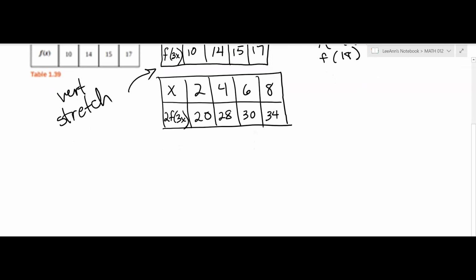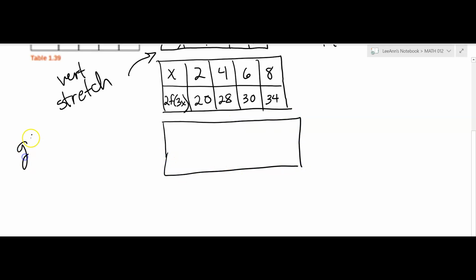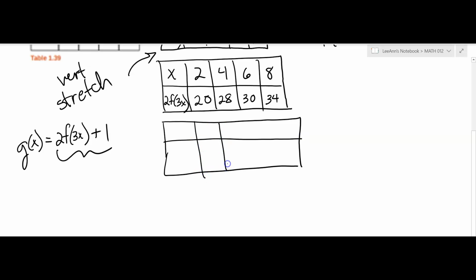Need a new table. So don't go back to the other 2 tables, because now we've got this new one that we're using. And so this is going to represent g of x being represented by 2 times f of 3x plus 1. So now we're going to do this whole piece, which is g of x. And what am I going to do with my outputs?